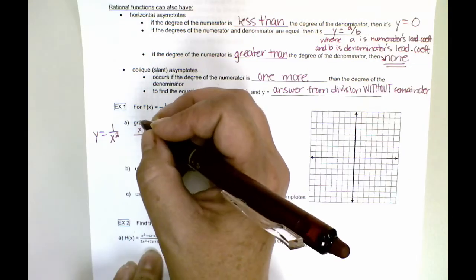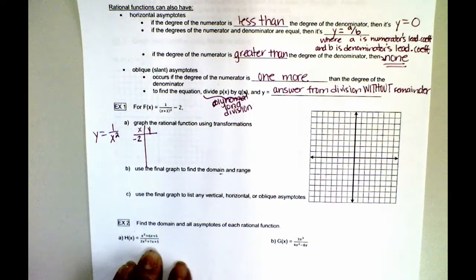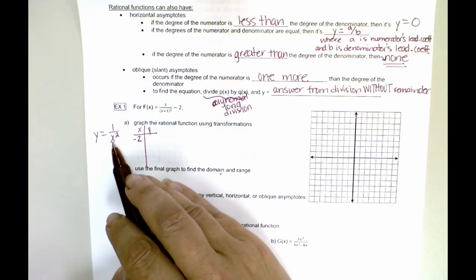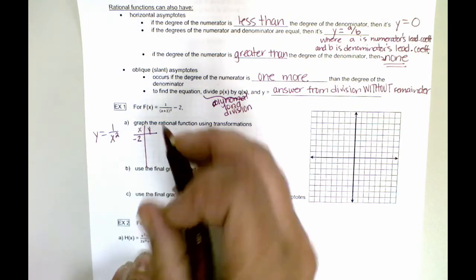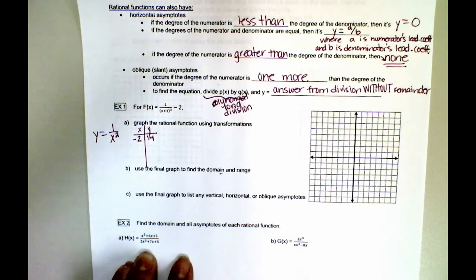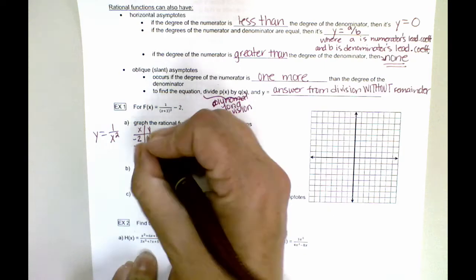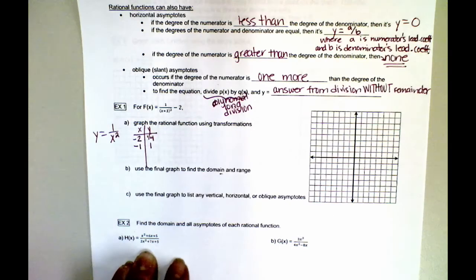If I were to pick -2 for my x and plug it in the parent function, -2 squared is 4, so the y value would be 1/4. If I pick -1, -1 squared is 1, 1 divided by 1, also 1.